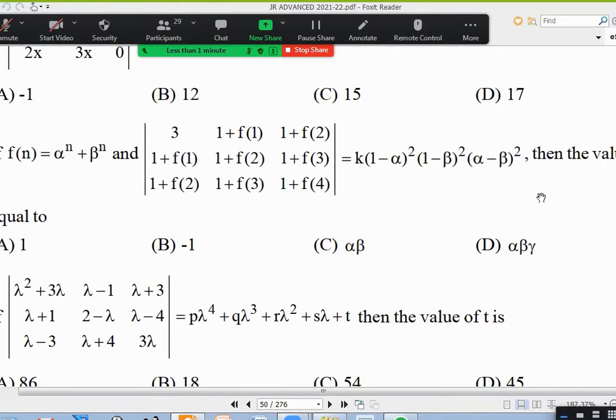Okay, 18. Anybody want to give any idea how to do 18?